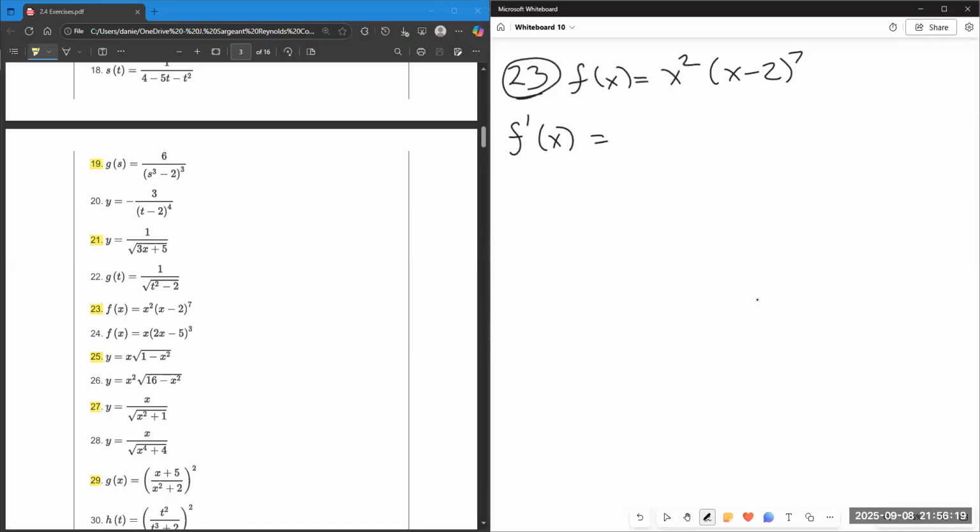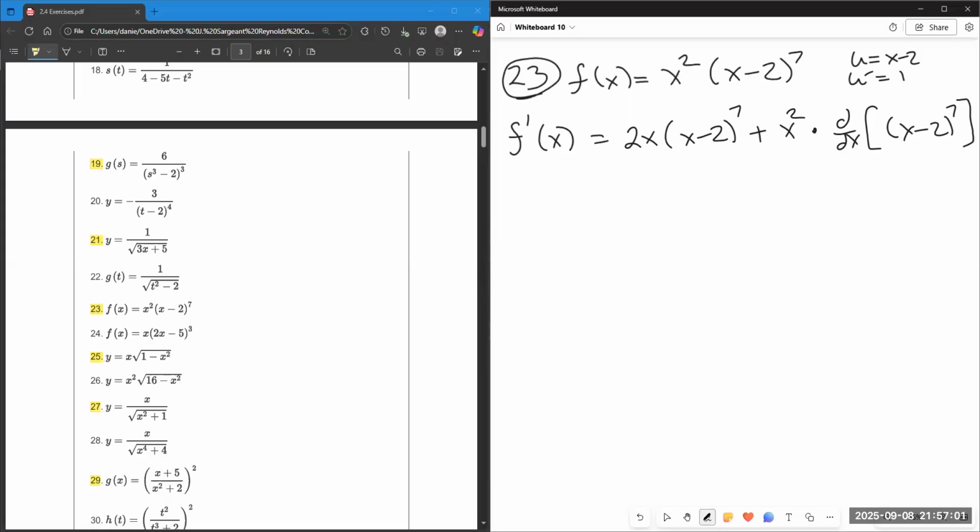Let me see if I can just differentiate the first part, leaving the second part alone, plus leave the first part alone, and I want to differentiate this second part now. We'll talk about that. So my inner function u here is x minus 2, and my u prime is going to be 1.